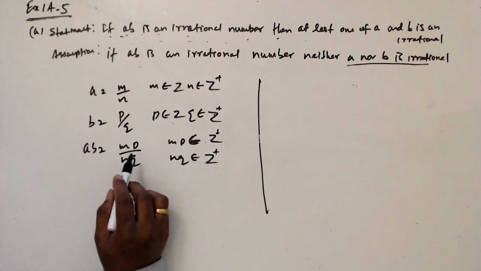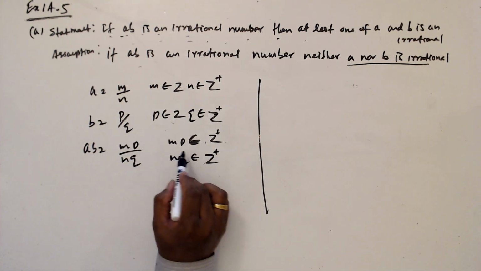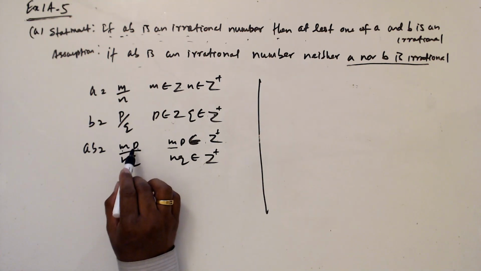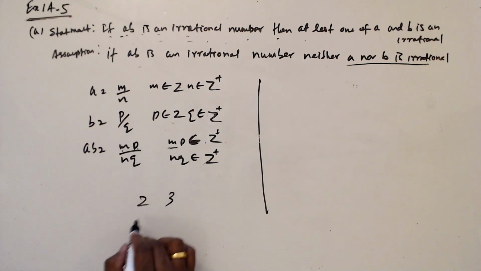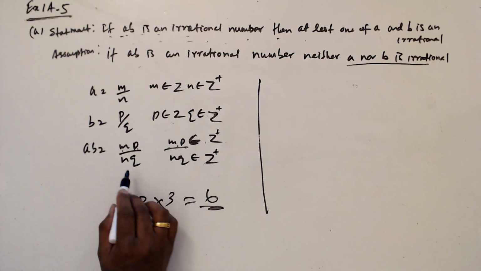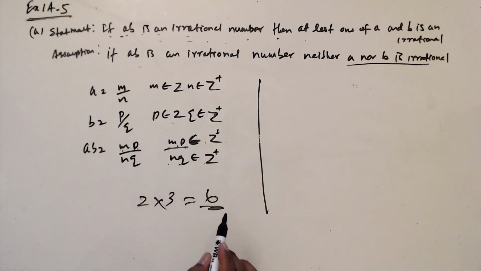We'll go back to the sum now. AB is MP divided by NQ. We know that M is an integer, P is an integer, and when you multiply, the product is also an integer.